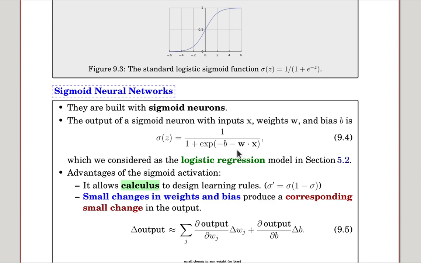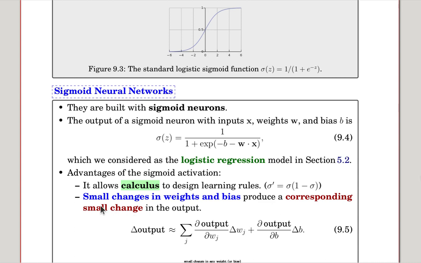This function is not only continuous, but it's also differentiable, and the derivative is well known. The derivative of sigma is sigma times 1 minus sigma.